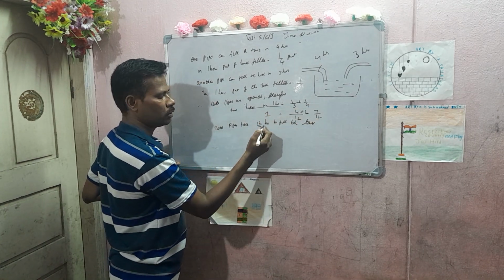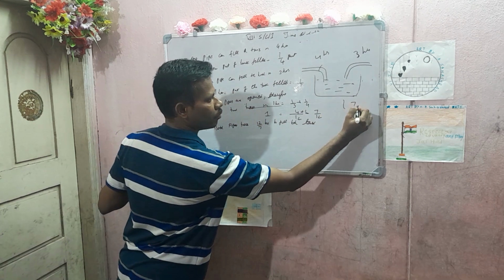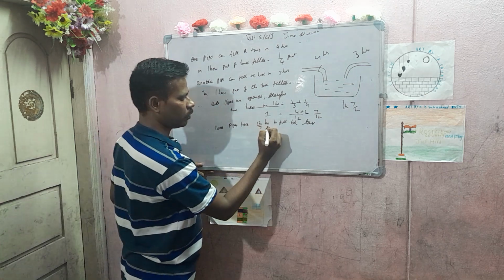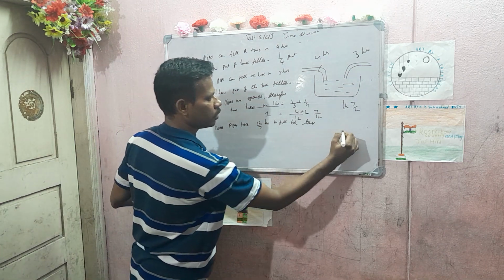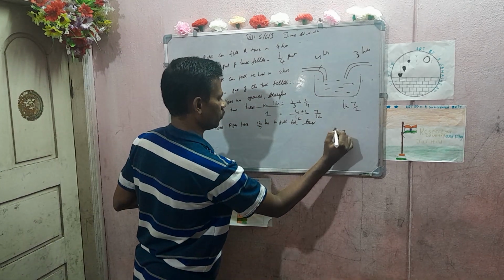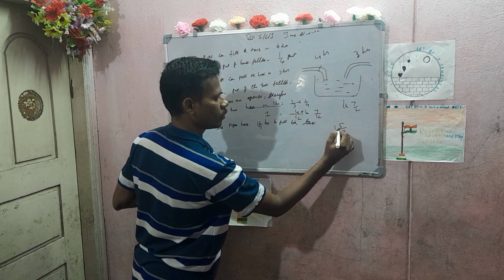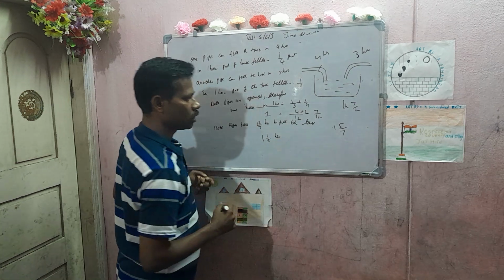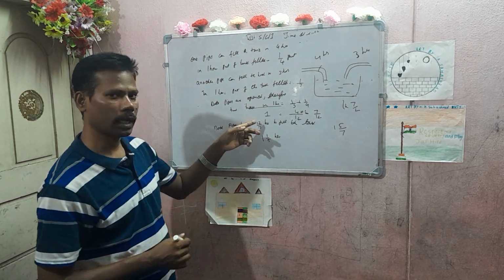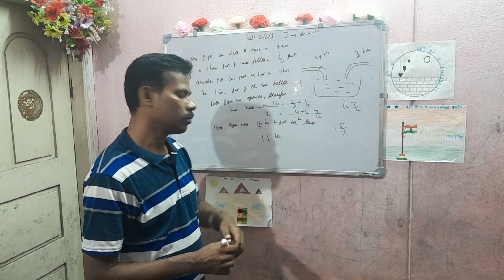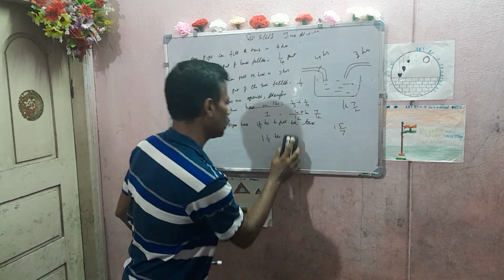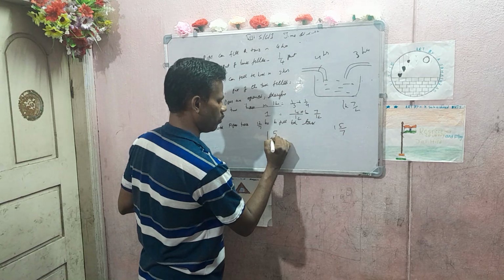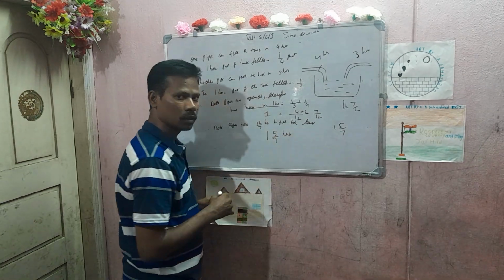For 1 hour it is 7 by 12, so the time it will take is 12 by 7 hours. 12 by 7 hours is nothing but 1 and 5 by 7 hours. That means if both are open, the tank will be filled in 1 and 5 by 7 hours.